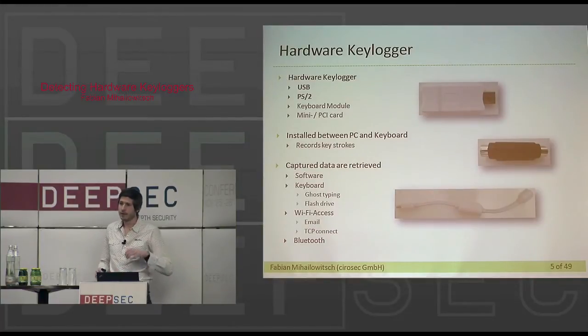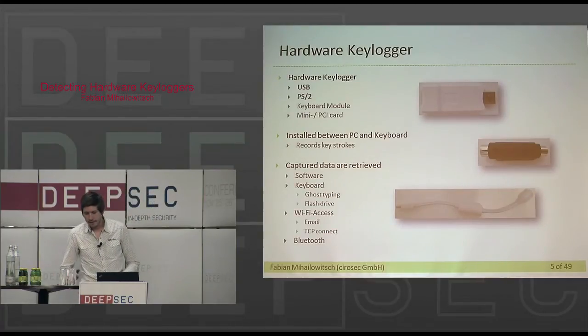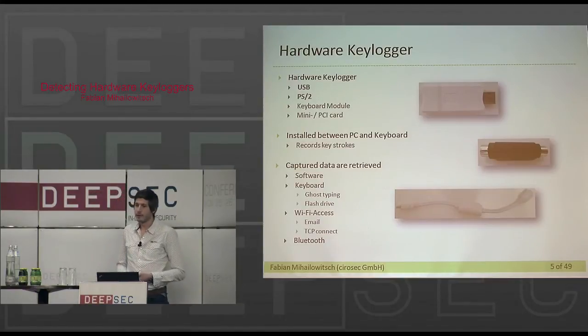They are placed between the keyboard and the computer and record every keystroke that's typed on the keyboard. Later on, they have to be retrieved, of course. There are different possibilities: some models provide software which reads out the memory of the keylogger.